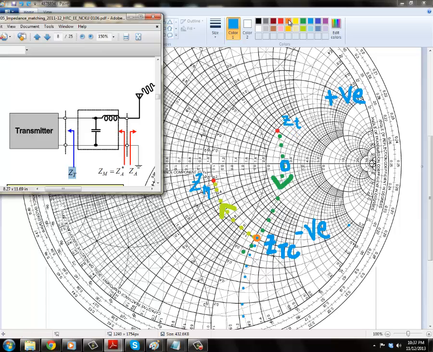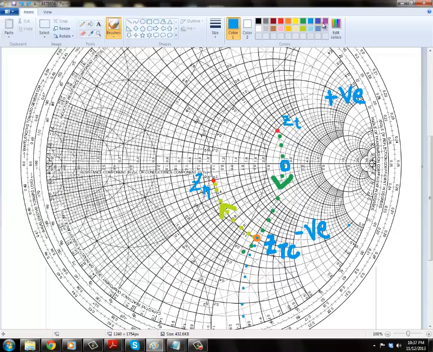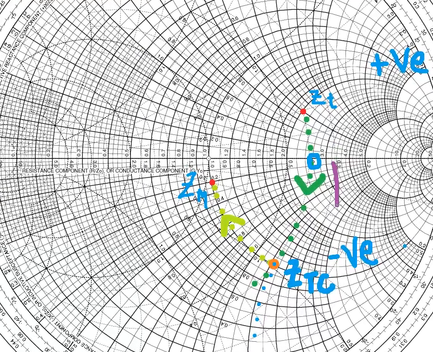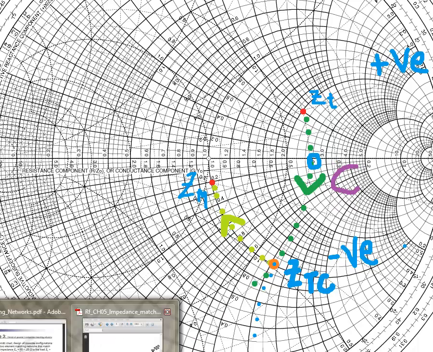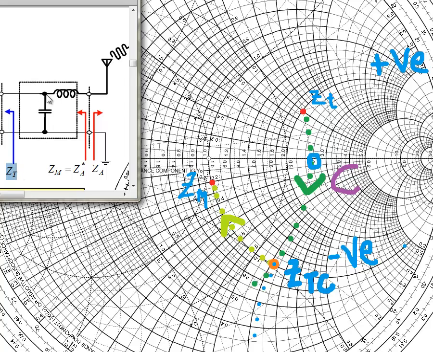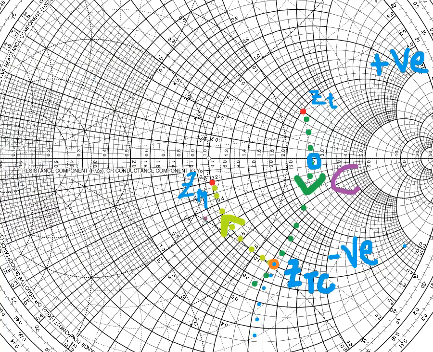This path will give us the value of the capacitor, because from ZT to this point we have a capacitor. We reach the capacitor first, and the second path will give us the value of the inductor.